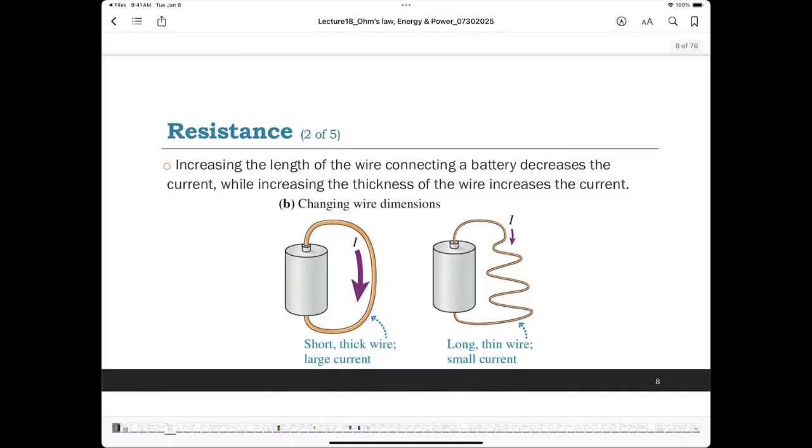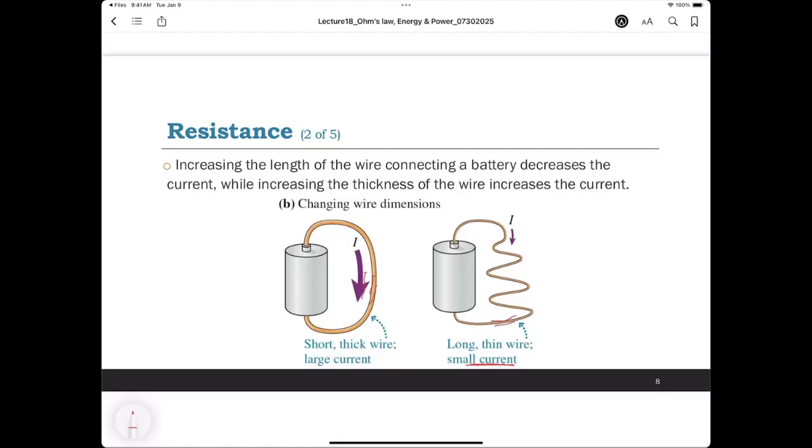If the wire becomes longer and thinner, the current will be small. If the wire is short and thick, the current will be large.